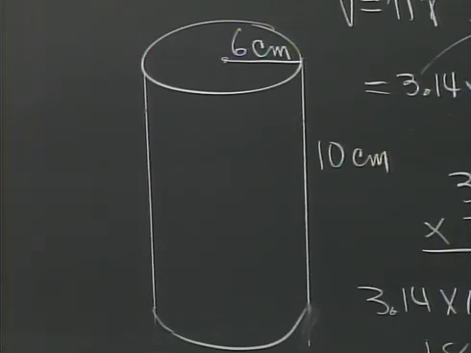Any idea what we're thinking of in terms of the quantity there, if it's 10 centimeters high and 12 across? Just let you think about that for a moment. What is your formula for a cylinder to get the volume?